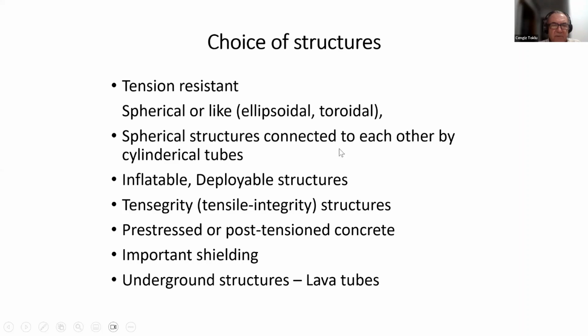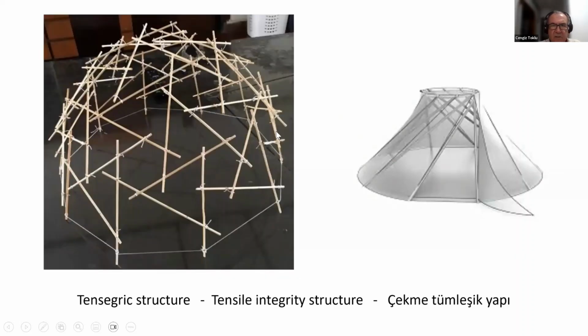The materials that we are going to use in structures on the Moon, we are in need of tension-resistant materials and tension-resistant structures. So the structures will most likely be spherical and similar, and other types also.